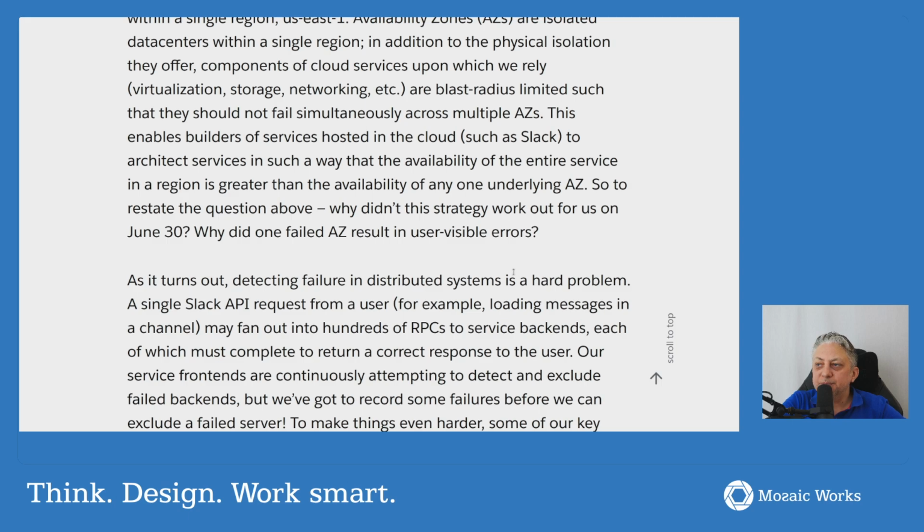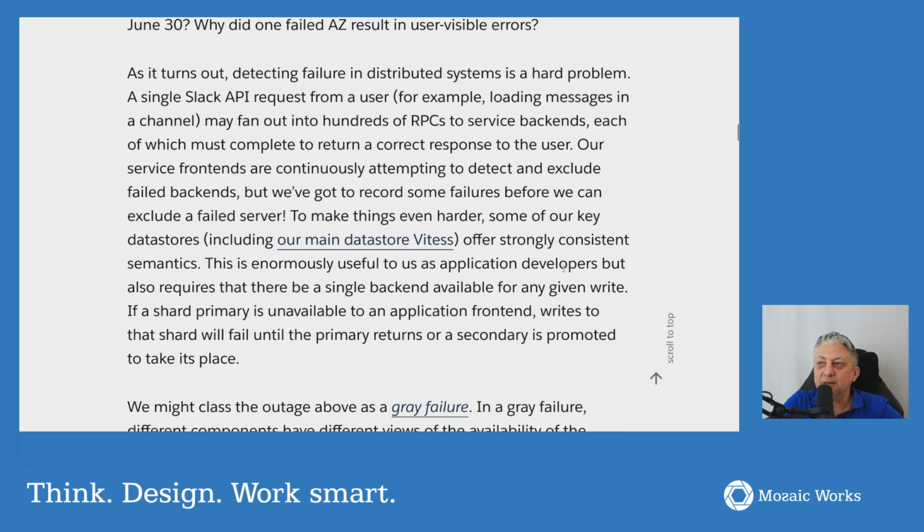This enables builders of services to architect services in such a way that the availability of the entire service in a region is greater than the availability of any one underlying availability zone. So why didn't this strategy work out for us? Why did one failed availability zone result in user visible errors? As it turns out, detecting failure in distributed systems is a hard problem.